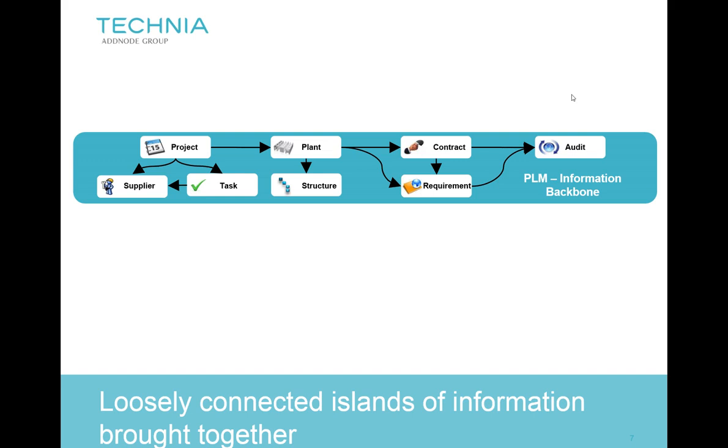The information that you typically store in a PLM system, I mentioned that in the previous slide with the artifacts, is normally broken down into individual objects. So I gave the example of requirements previously. In the PLM system, the requirements are objects that are connected with relationships to other objects.